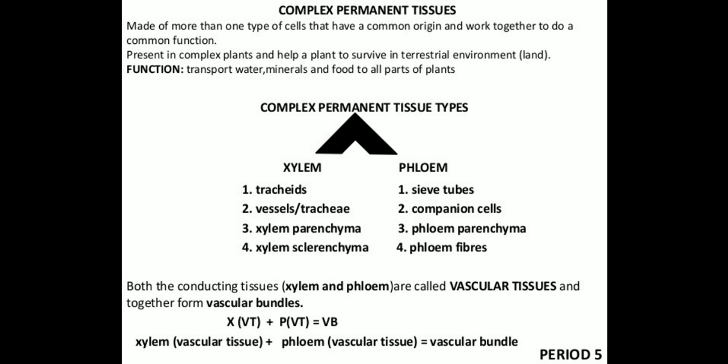Both the conducting tissues, xylem and phloem, are called vascular tissues, and together are known as a vascular bundle. That means xylem is one type of vascular tissue, plus phloem, which is the second type of vascular tissue, combining to form a vascular bundle.